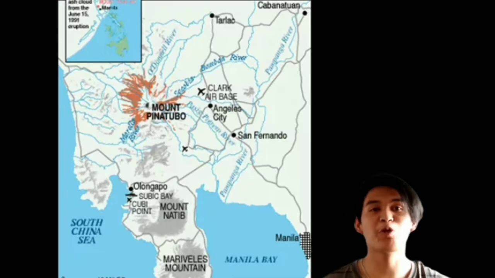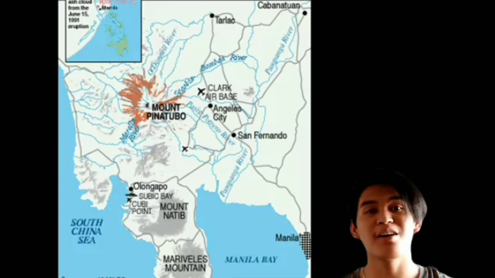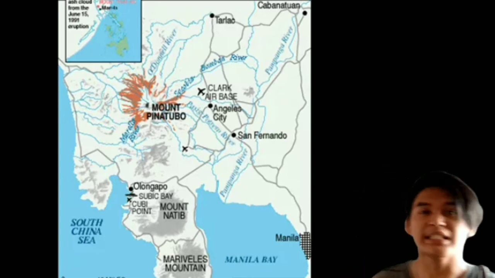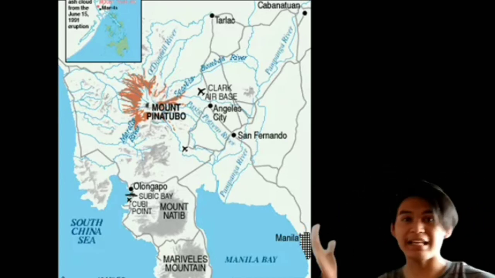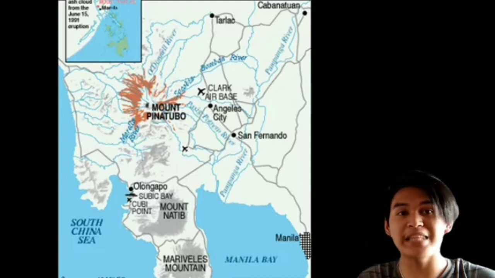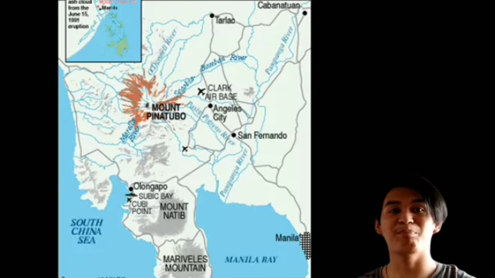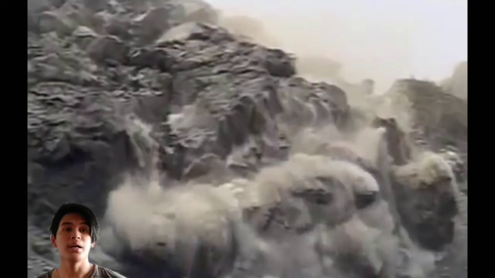And number 3, we will discuss the map of the pyroclastic flows from Mount Pinatubo. Dito sa picture, makikita natin yung mga kulay brown from the center of Mount Pinatubo going downslope. Yung kulay brown na yun, yung tinatawag natin na pyroclastic flows.